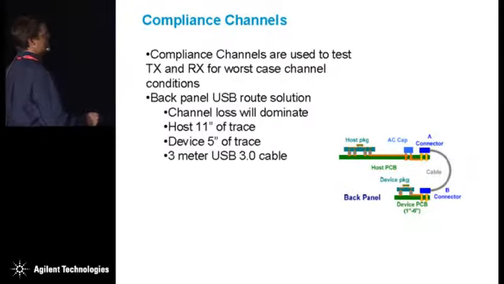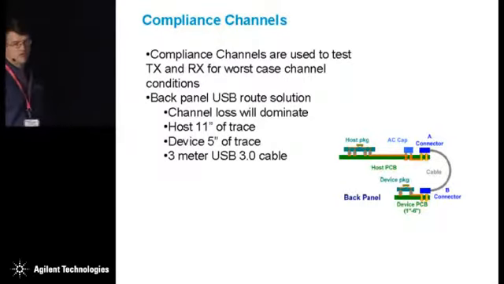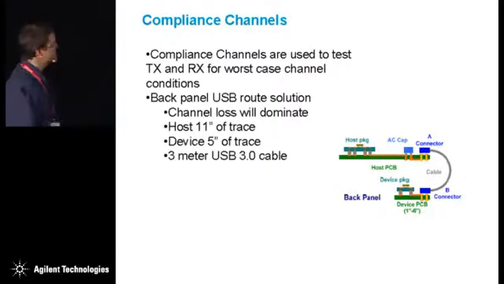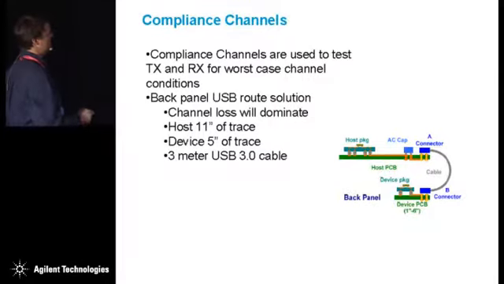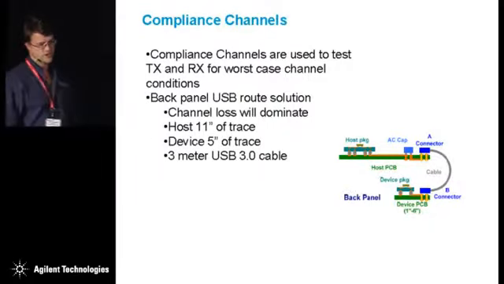So if you look at a typical PC motherboard, the host package is typically 10 inches or more away from the back panel. So that dominates how long or minimum length of trace length that you'll need to get to the USB SuperSpeed connector. Then you connect up a 3-meter cable, and then you go to a device that can have roughly 5 inches of trace. So that's why those numbers exist. So the host gets longer trace length because the physical requirements of it, say an ATX motherboard, demand that. And then devices are given 5 inches of trace, which is a little longer than the 2.0 spec had defined.